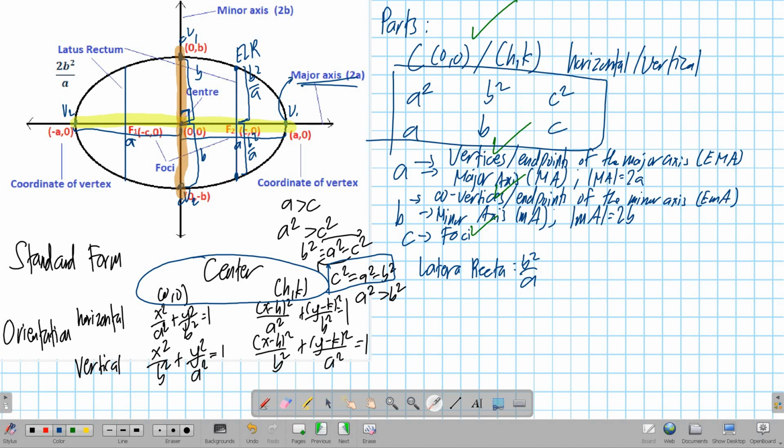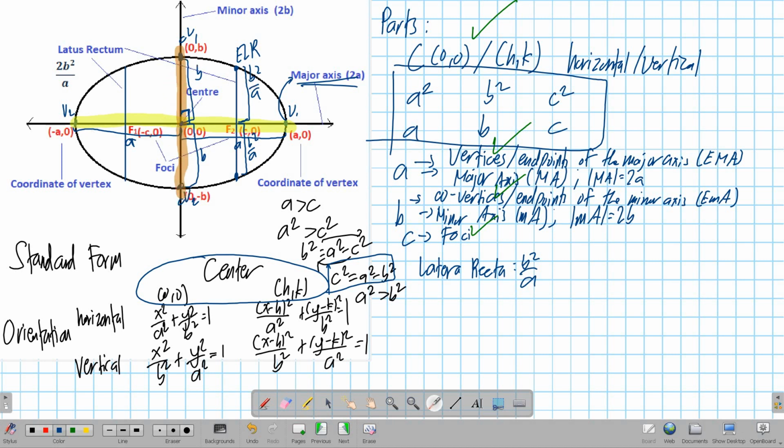Therefore, if the ellipse is vertical, then its latera recta would be horizontal. So, how can we easily remember that? The major axis is the one that tells the orientation of the ellipse. Therefore, the minor axis is perpendicular to that.